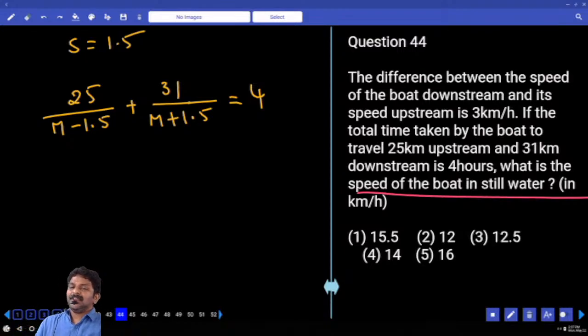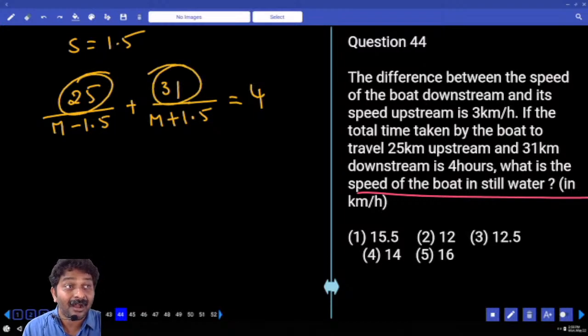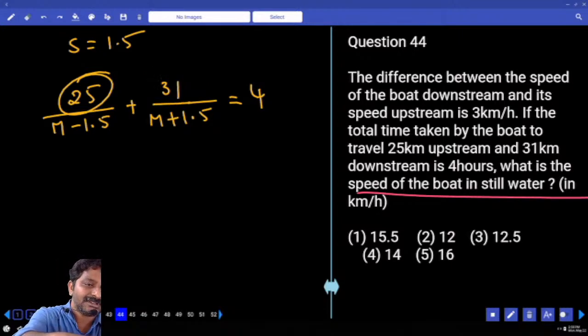Now, instead of solving the equation and getting the answer, if you go to the substitution method, it becomes easy. You need to subtract 1.5, right? Your numerators are odd numbers.